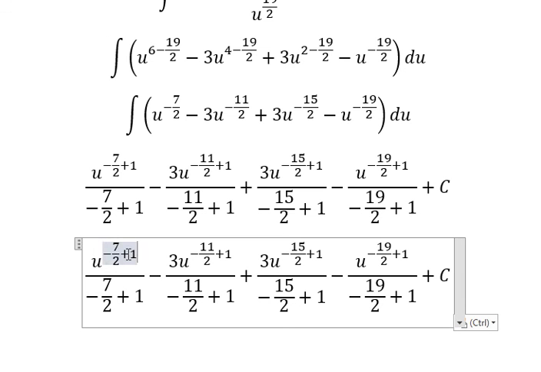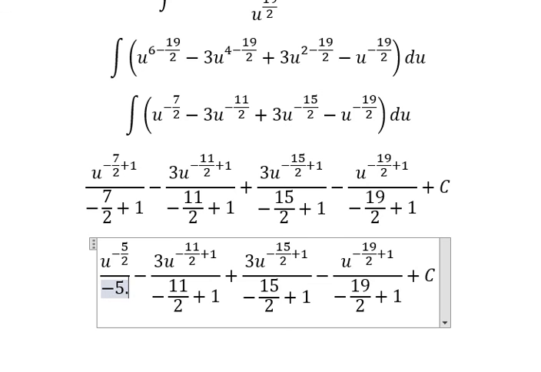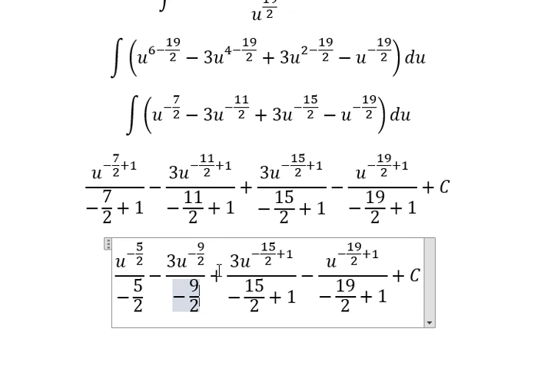So this one we have negative 5 over 2. This one we have negative 9 over 2. This one we have 13 over 2.